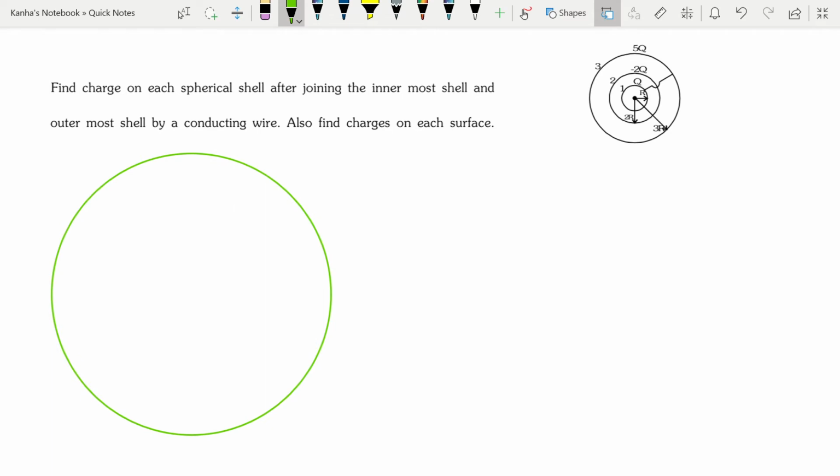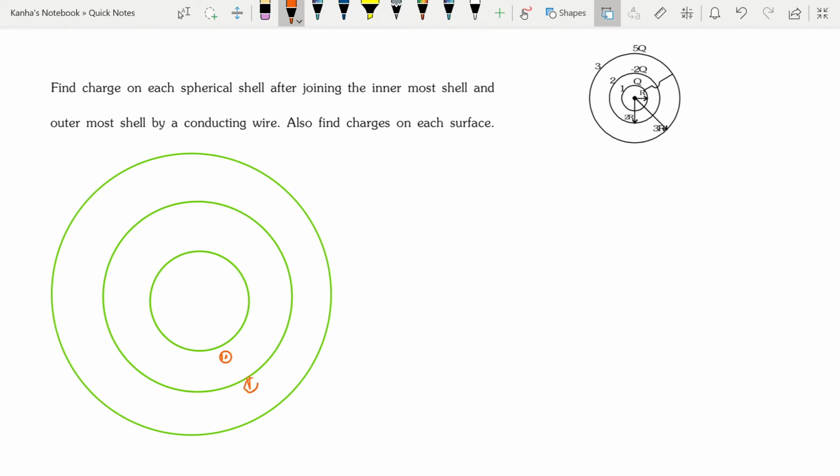This is my outer circle. This is my inner circle. And this is my third circle. Let me call these circle number 1, circle number 2, wait a second, I'll just draw them again.